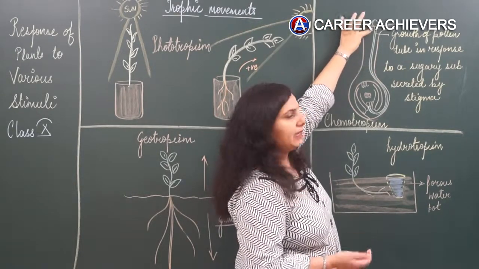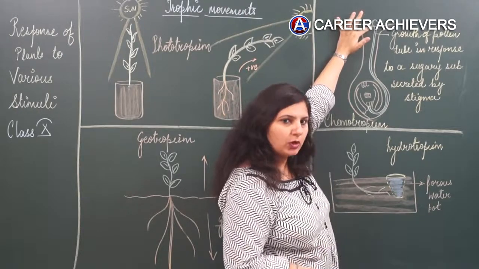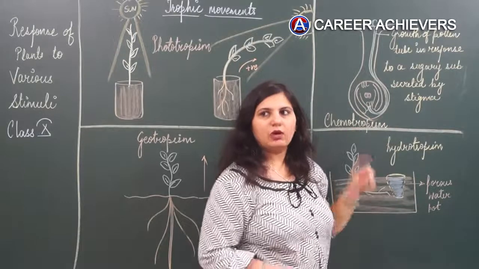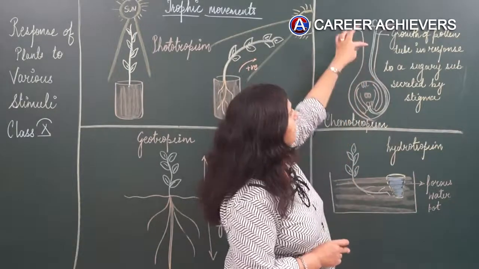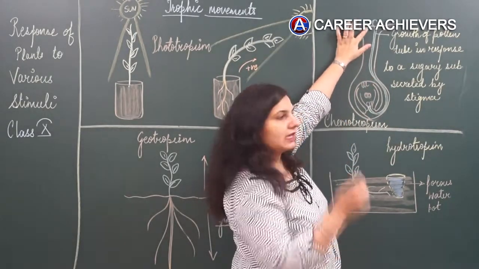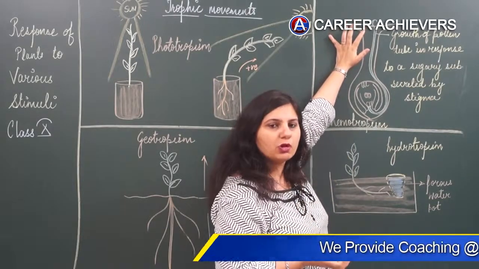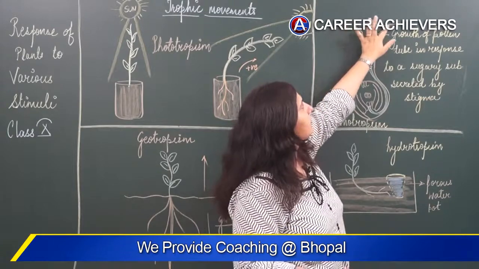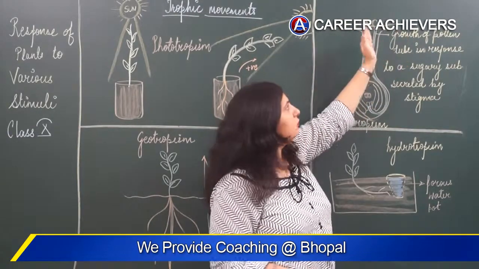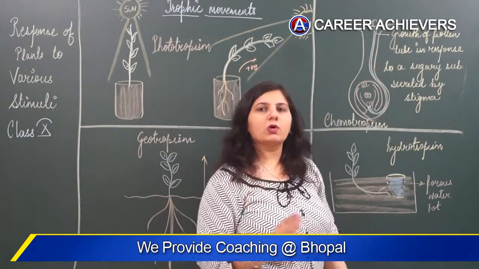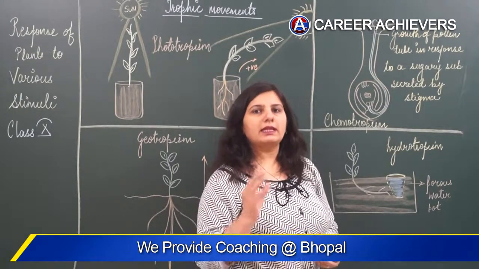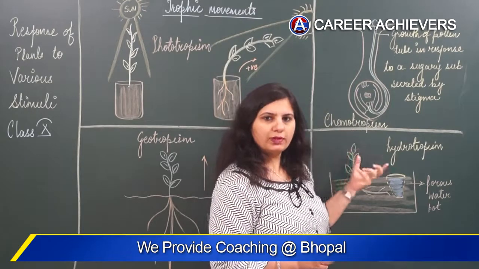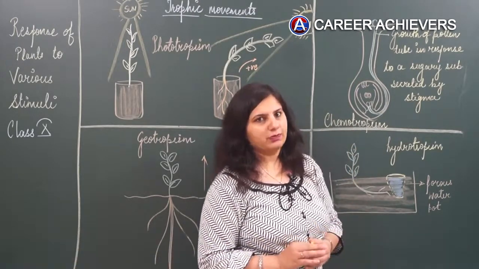The pollen grain comes and attaches by the process of pollination, and then it starts to grow inside the style. The growth is in response to a chemical substance, a sugar substance that is secreted by the stigma. So the movement of the pollen tube in response to a sugar substance secreted by the stigma is called chemotropic movement or chemotropism.